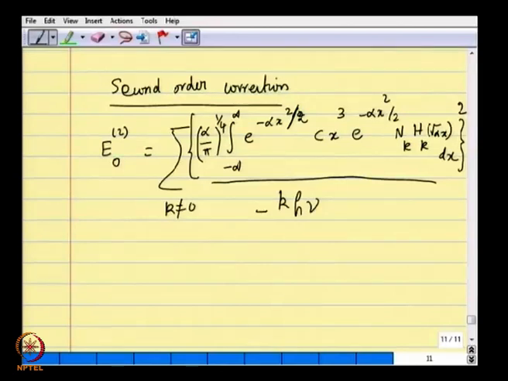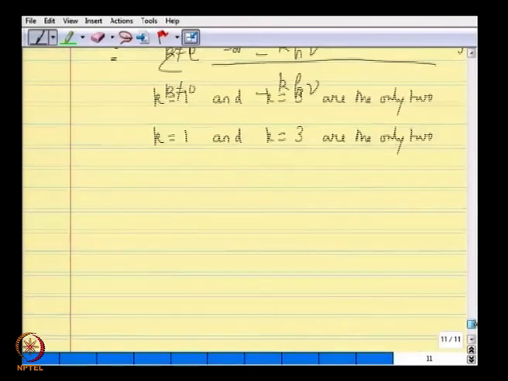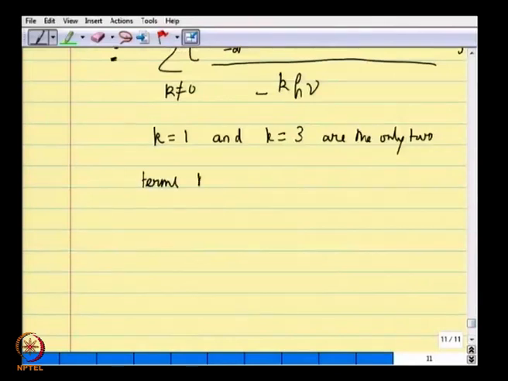You will find out in another lecture that the way we have written, it appears that we may have to calculate all the Hermite polynomials for different values of k and calculate this integral and so on, but in a later lecture you will find out that this expression is not as hard as it looks, that you only need to worry about k is equal to 1 and k is equal to 3, we started with 0, the only two terms that would contribute non-zero values to the sum.